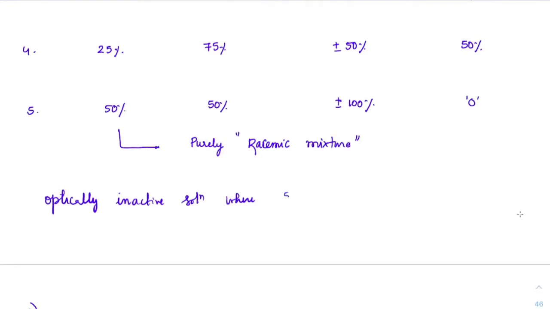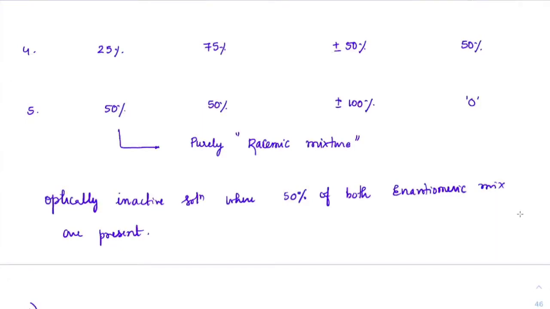where 50% of dextro and 50% of levo, both enantiomeric mixtures, are present. Clear, beta?